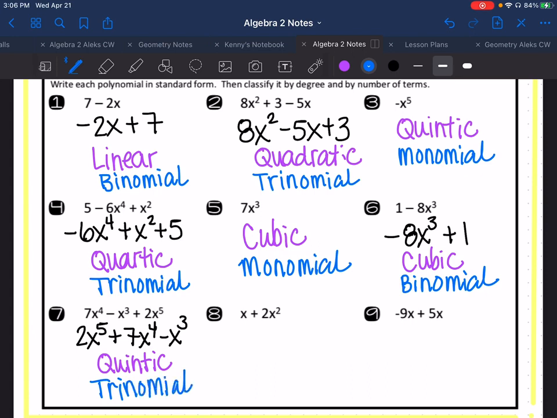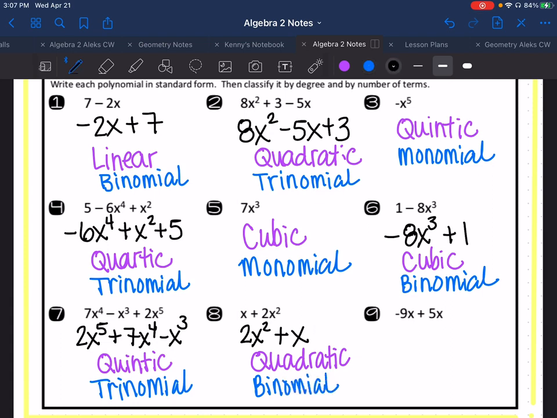All right, number 8 almost looks like it is in standard form as well, but squared is bigger than x. Squared would be a quadratic. And there's 2 terms, so this would be a quadratic binomial.